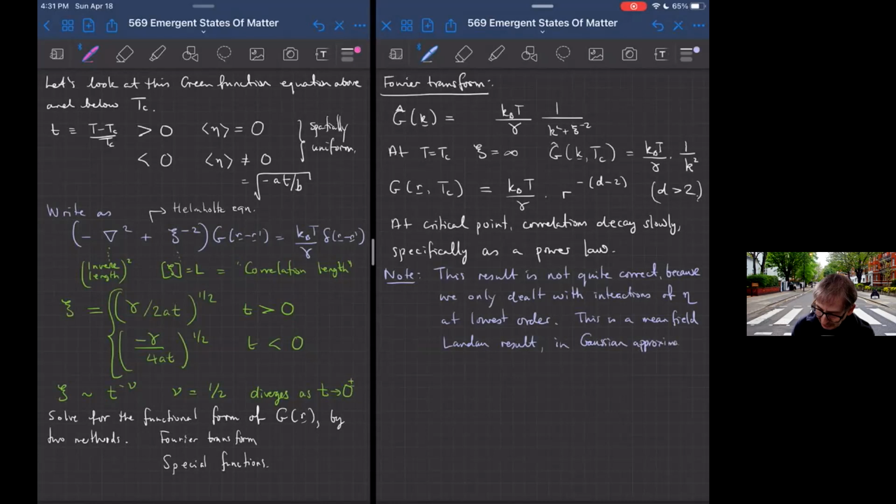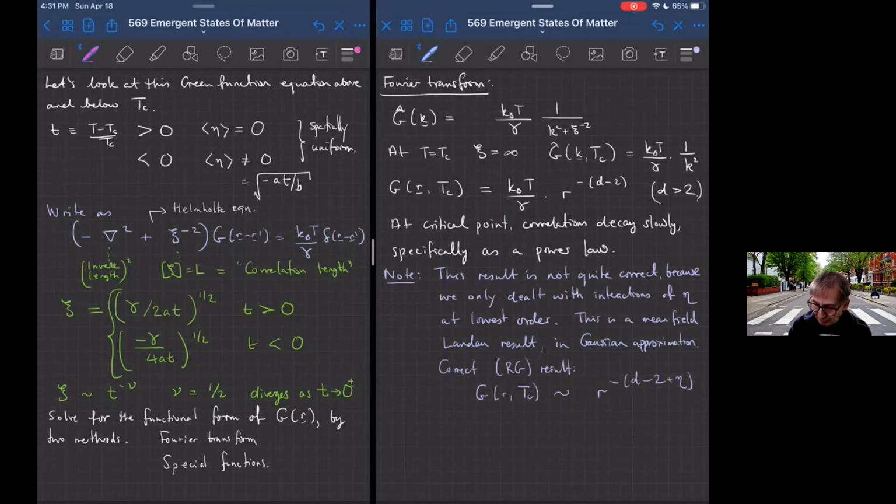What the approximation is that we've made, I'm not going to go into detail right now, but I'll try to show you later. So actually the correct result, which is a renormalization group result, is that G of r at Tc goes like r to the minus (d minus 2 plus eta).